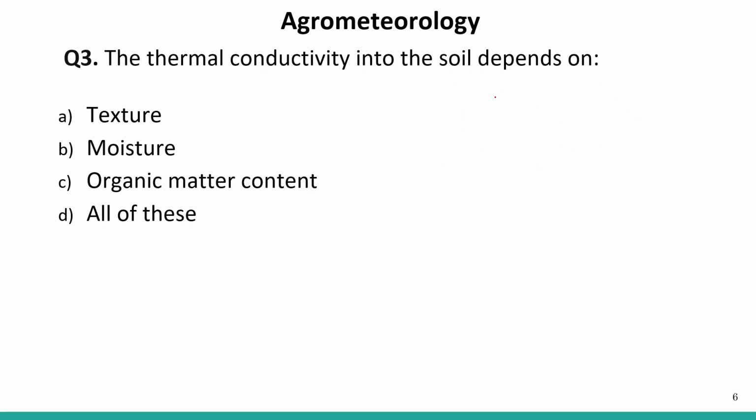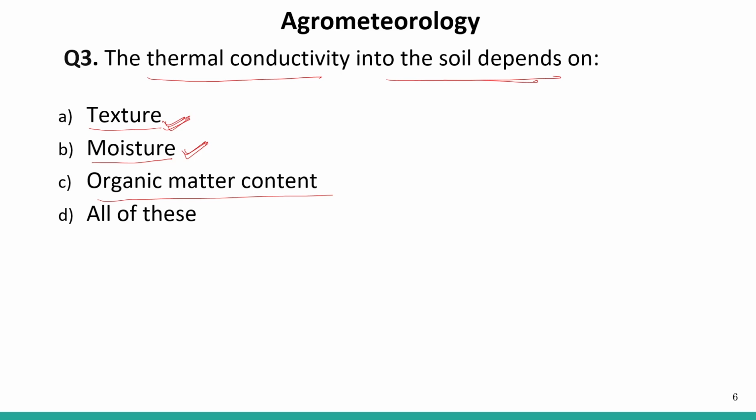Next question. The thermal conductivity into the soil depends on texture, moisture, organic matter content. So soil is having some texture, right? How the soil appears. Every soil is having some texture, and it varies according to the constituents of the soil present in it.